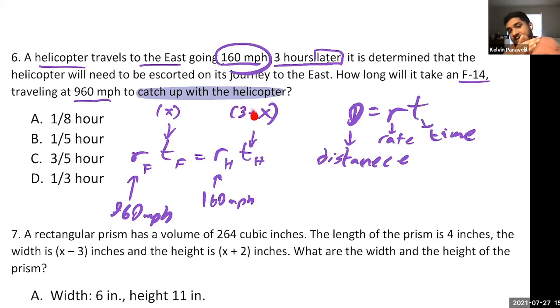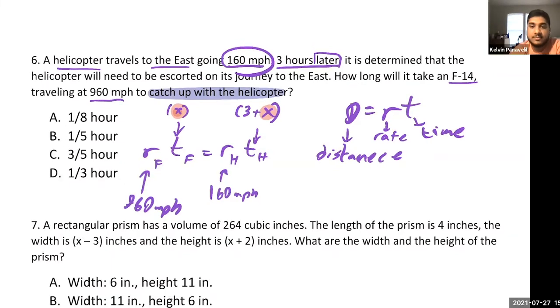Then the F-14, which is faster, starts 3 hours later, so those 3 hours aren't accounted for the F-14. It travels for a certain amount of time, which we don't know, which is why we call it X. But as the F-14 is traveling X hours, the helicopter is still traveling that same amount of time.